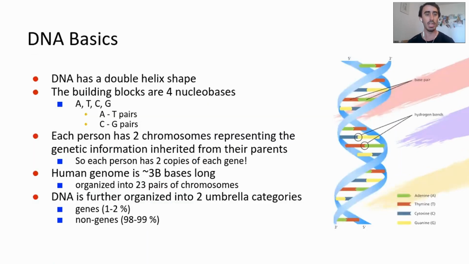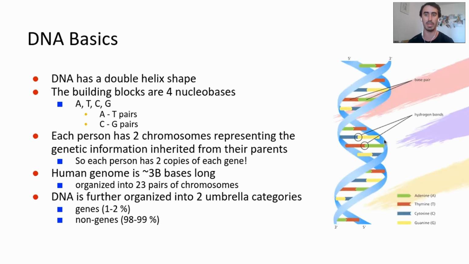So a little bit of the basics of DNA, in case you have forgotten everything from high school biology: DNA has a double helix shape. This double helix refers to the two strands of a DNA molecule. So you can see here, there are two strands in blue, connected by bridges of nucleotide bases. These are adenine, thymine, cytosine, and guanine, and these molecules interact to form bonds across the backbone of the double helix.